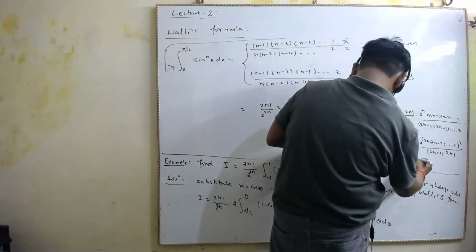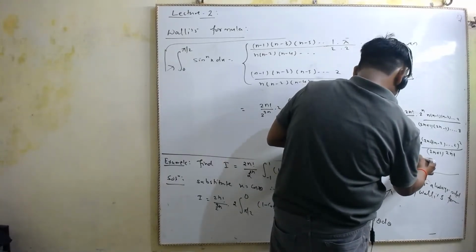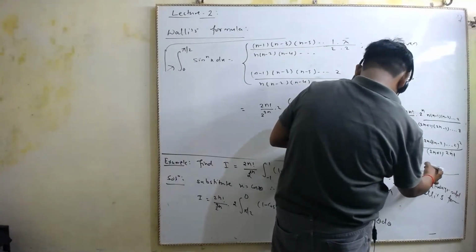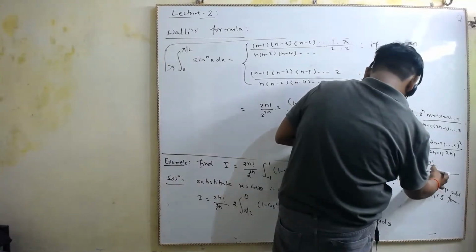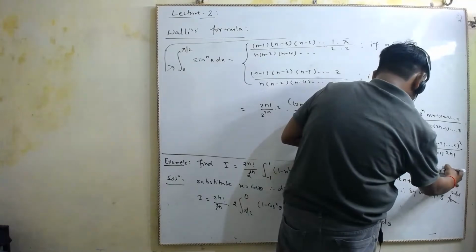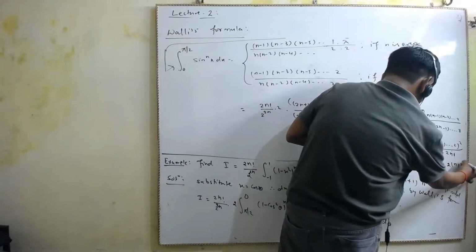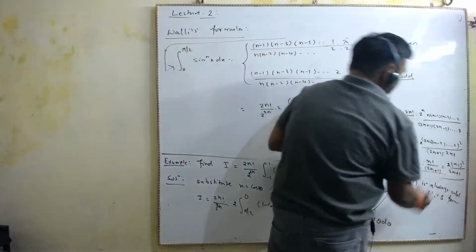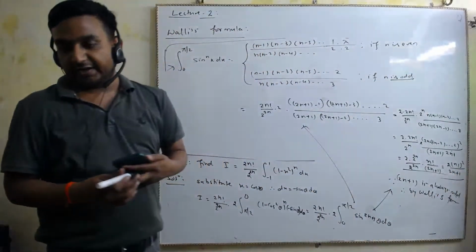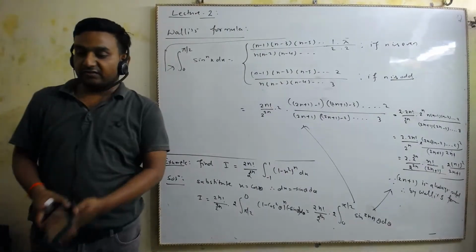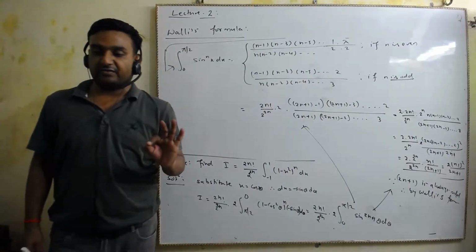So that is 2 into 2 raised to the power 2n divided by 2 raised to the power 2n into n factorial divided by 2n plus 1. So 2 into n factorial whole square divided by 2n plus 1. The numbers you can check out later on, but the procedure I have told you is the application of reduction formulas.